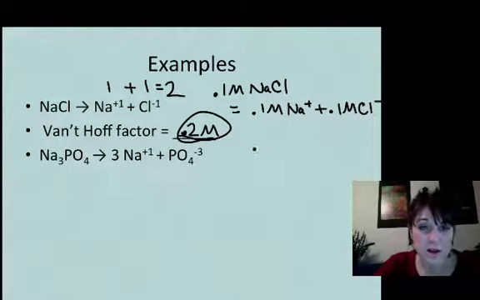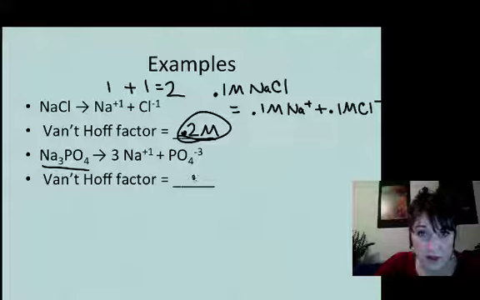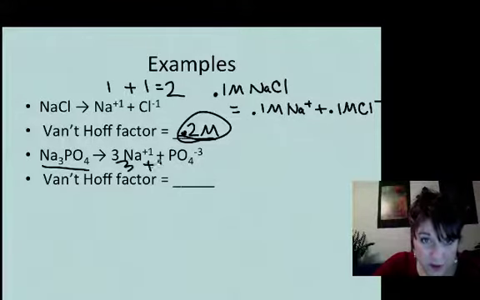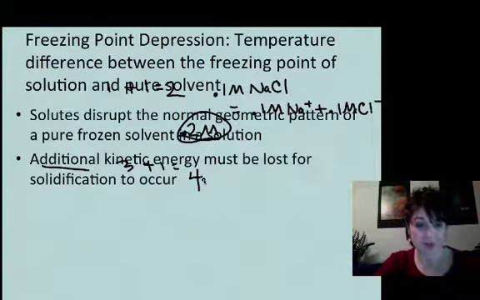Now sodium phosphate is going to break apart into 3 sodium ions and only 1 phosphate ion. That's the mole to mole ratio in this molecular formula. So the van't Hoff factor here is 3 of these plus 1 of those for a total of 4. Van't Hoff factor is 4 for sodium phosphate.